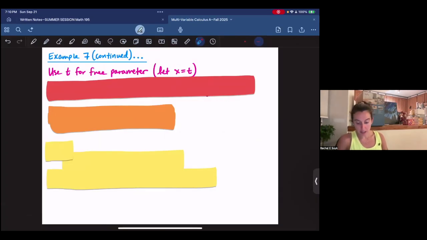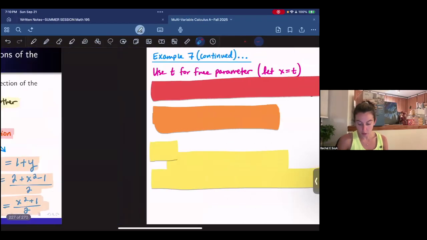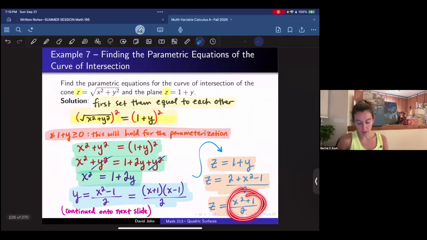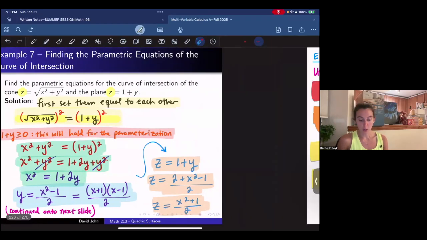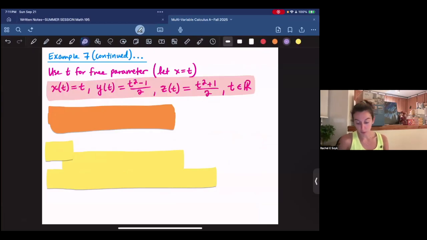So our x of t is t, our y of t is (t squared minus 1) over 2, and then our z of t is (t squared plus 1) over 2, where t represents all the numbers in the real number system. And so in vector form, we just have t comma (t squared minus 1) over 2 comma (t squared plus 1) over 2.